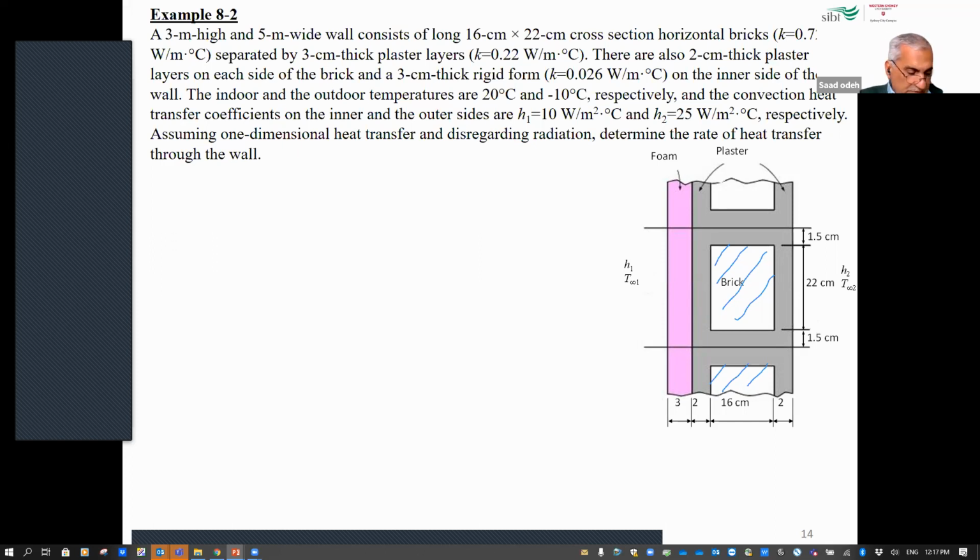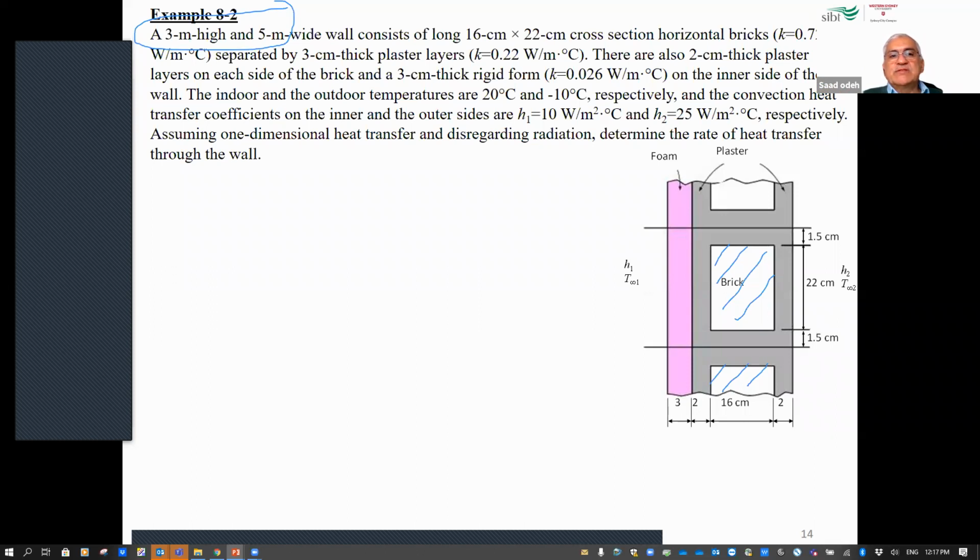Okay, so we are already given the wall dimensions: the height of the wall is 3 meters, and the wall width is 5 meters. It consists of bricks of size 16 times 22 centimeters each, so we know the size of the brick.